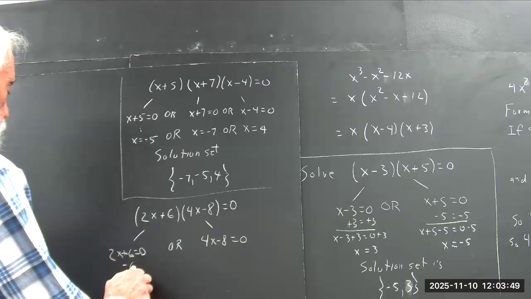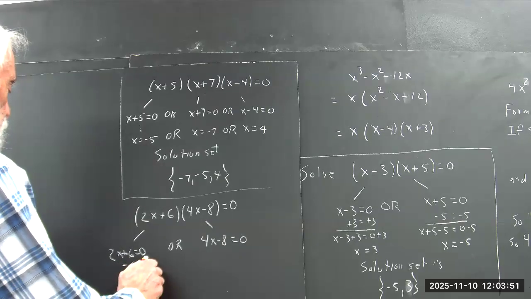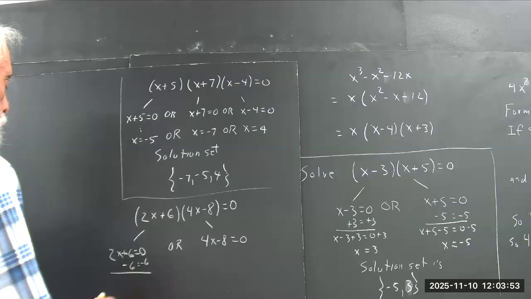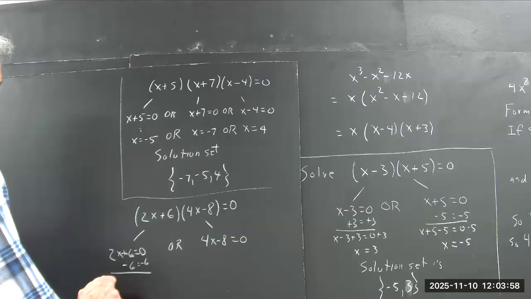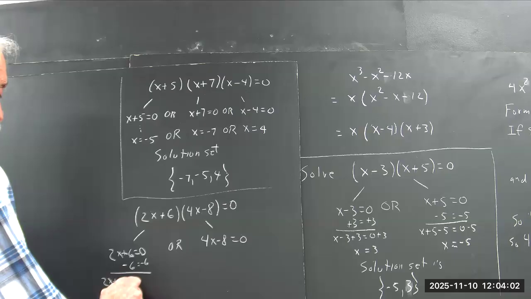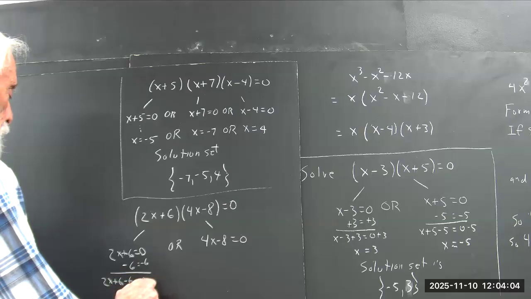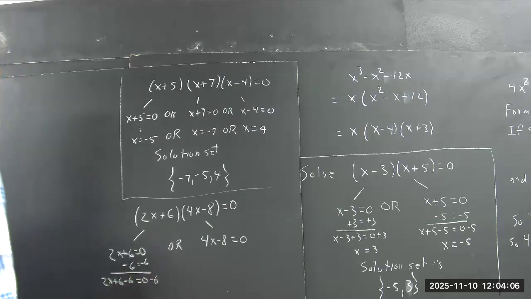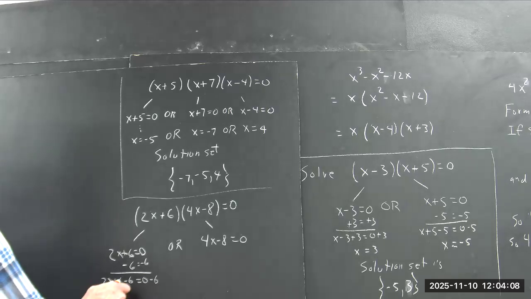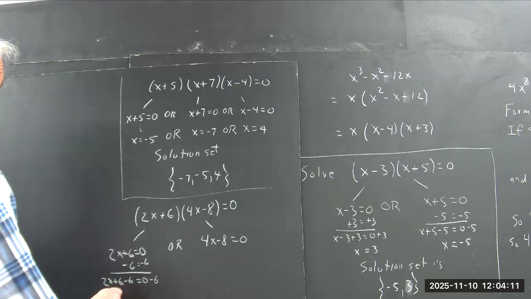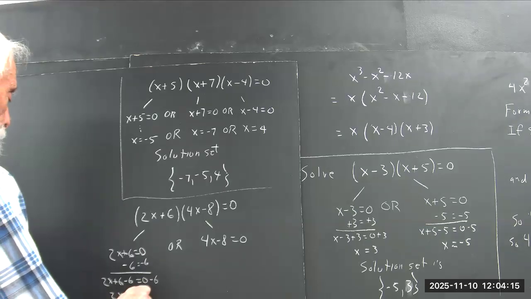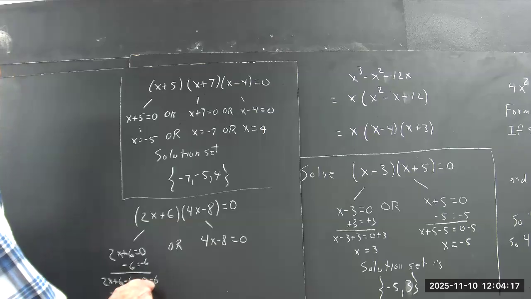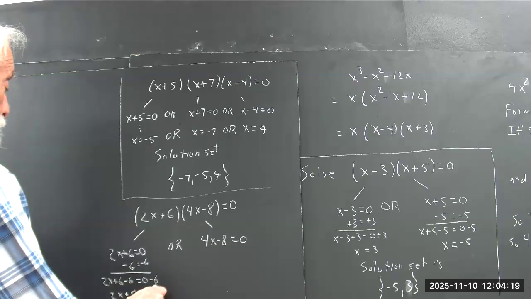And this equation is solved. You can add -6 equals -6 to this equation, and you get 2x plus 6 minus 6 equals 0 minus 6. Now 6 minus 6 is 0, so we have 2x plus 0 equals what? Well, 0 minus 6 is just -6.